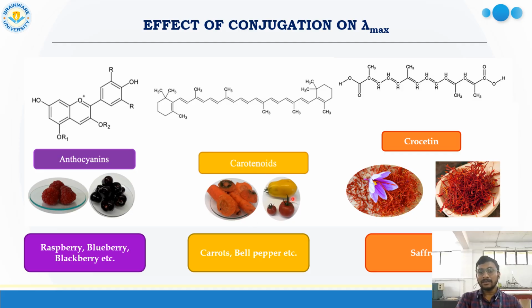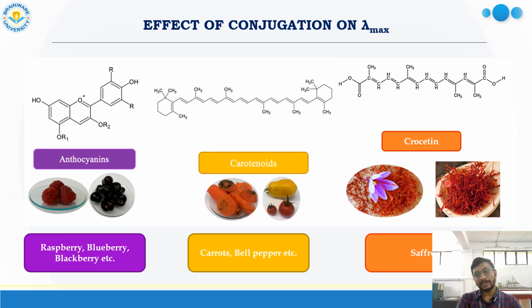Similarly, from carrot we get carotenoids. The carotenoids, as you can see, have a very long chain of conjugated pi bonds, and that is why it gives you color. So the color comes from the UV range to the visible range, and as you know, the visible range has lower energy compared to the UV range, and that is why greater resonance means lower energy or higher wavelength.